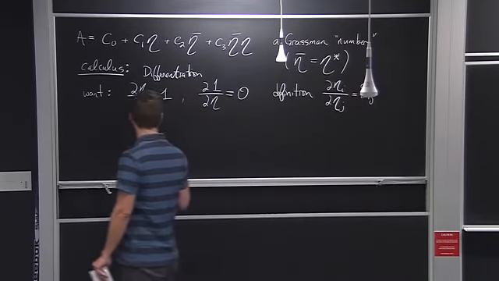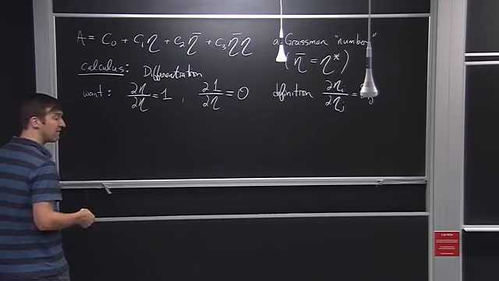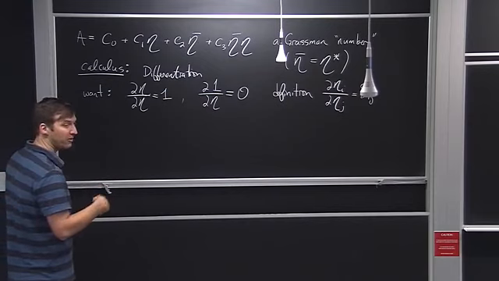And the weird thing about Grassmann differentiation is that it has to be consistent with the anti-commutator.